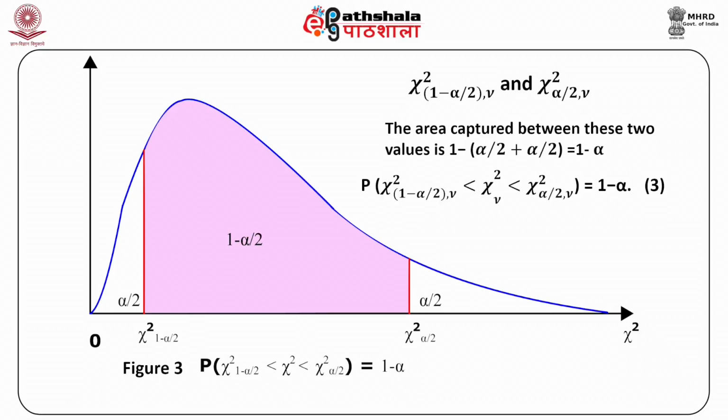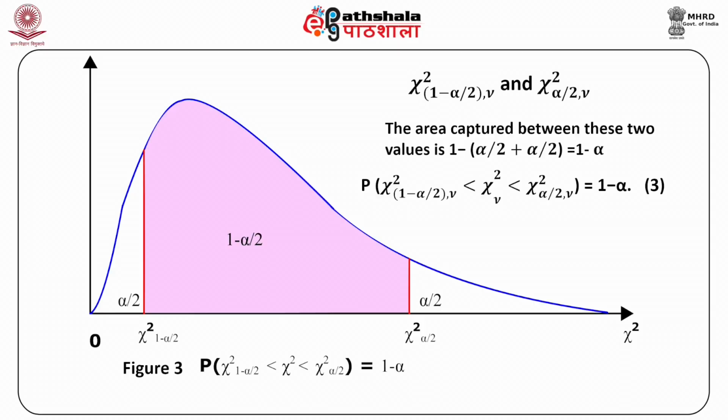And the area captured between these two values is equal to 1 minus alpha by 2 minus alpha by 2, which is equal to 1 minus alpha, which can be seen in our figure 3. We can denote this as the probability that chi-square 1 minus alpha by 2 comma nu is less than chi-square nu, which is less than chi-square alpha by 2, nu, equal to 1 minus alpha, and this could be our third equation.